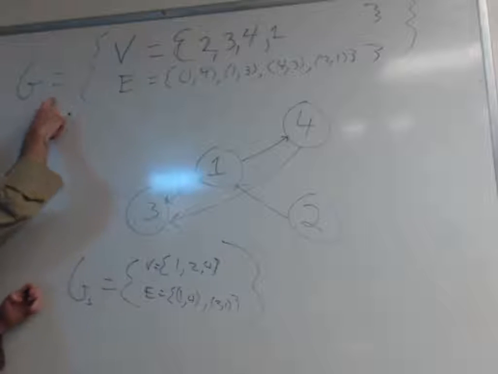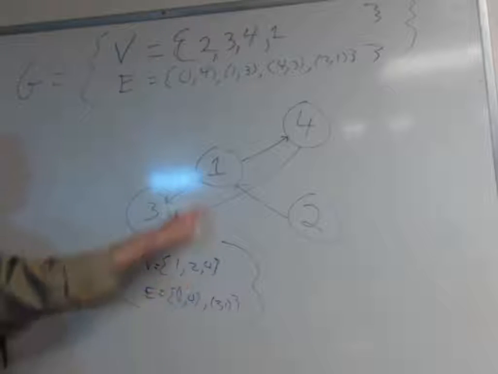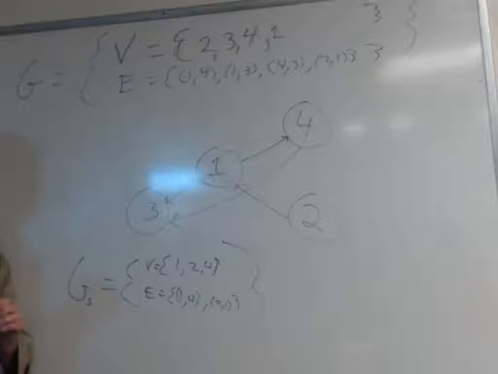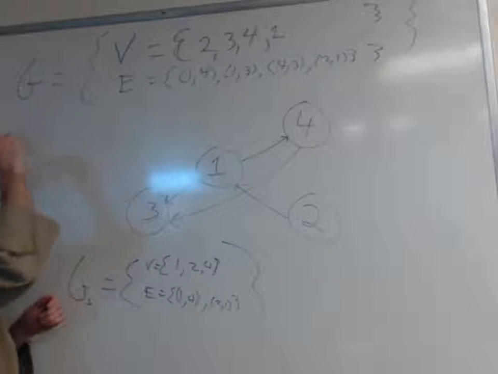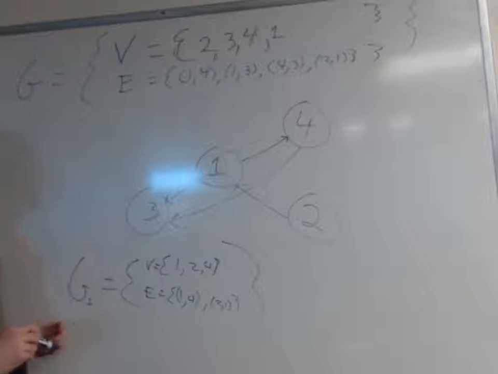Hopefully you can tell that this is a subgraph of that, because all the elements in here are a member of those elements up there. Quick math question. Is a graph a subgraph of itself? Yes, because all of its elements are contained within itself.